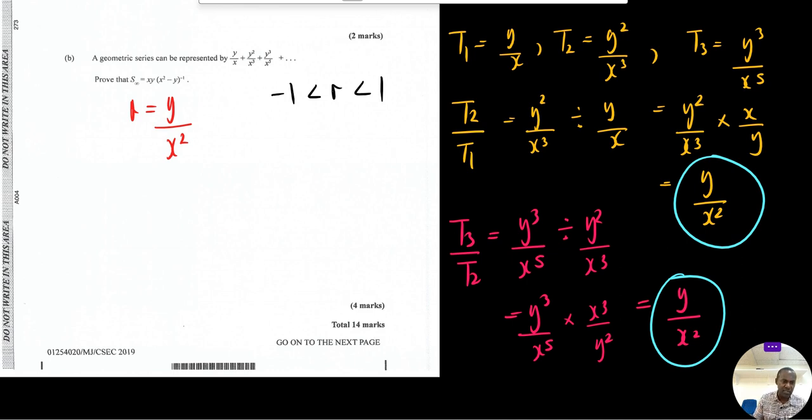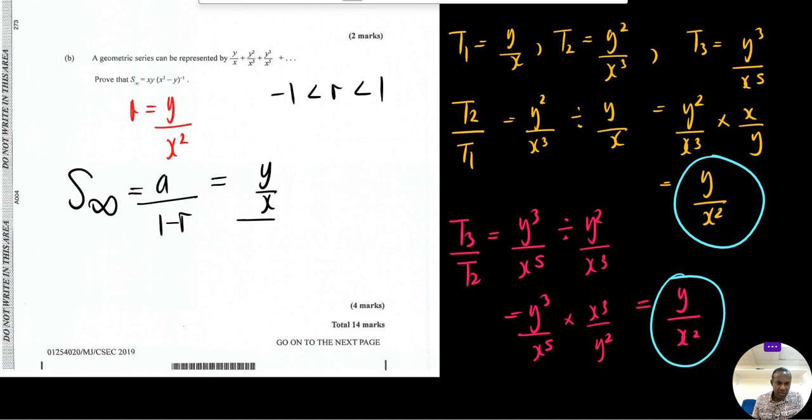So with that in mind, we can now say that the sum to infinity, S infinity, equals the first term A divided by 1 minus r. And that's typically how we find the sum to infinity. Where A is the first term, and this, of course, is y over x.